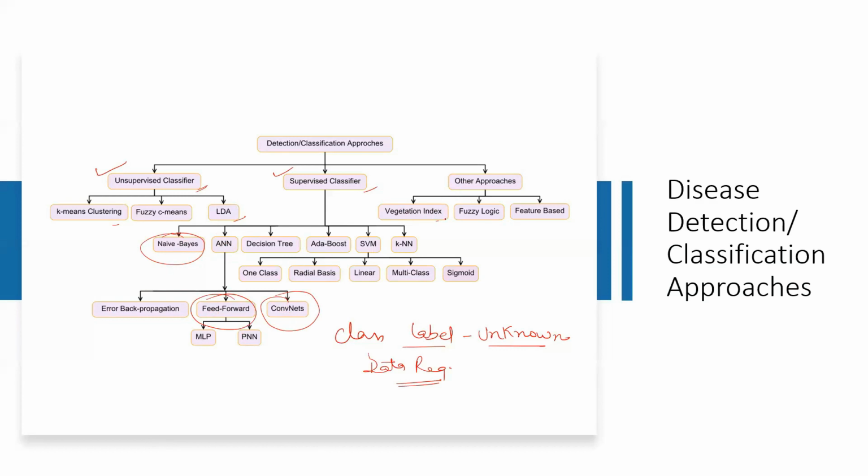Other approaches we have are vegetation indexes, like NDVI, the normalized difference vegetation index. You can utilize it to identify which portion of your farm is suffering from lack of nutrition. For example, this is my whole farm, and from this drone image you can see that this portion has a high temperature.